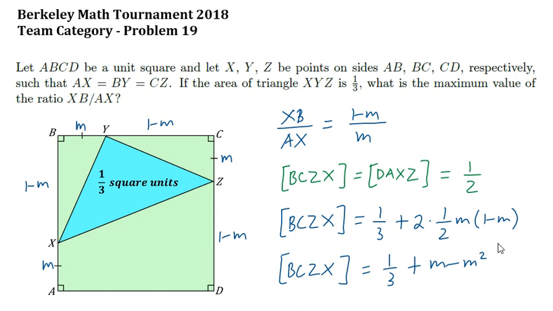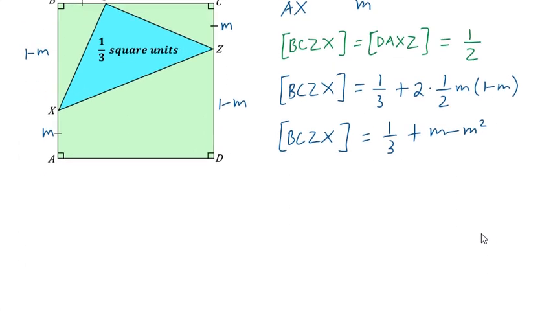Okay, let's equate 1/2 to this expression because they are representing the same area. So we obtain 1/2 equals 1/3 plus M minus M squared. So this quadratic equation will give us 2 possible values of M, and we will get the smaller of these 2 possible values because we want to minimize M in order to maximize XB over XA. Okay, let's gather all terms in the left hand side.